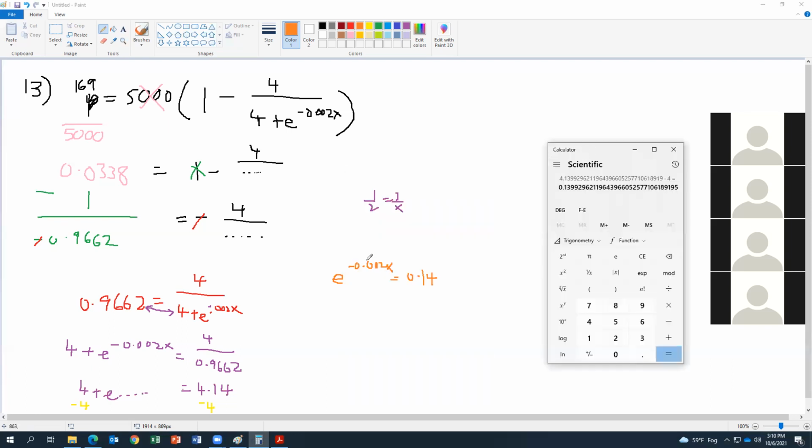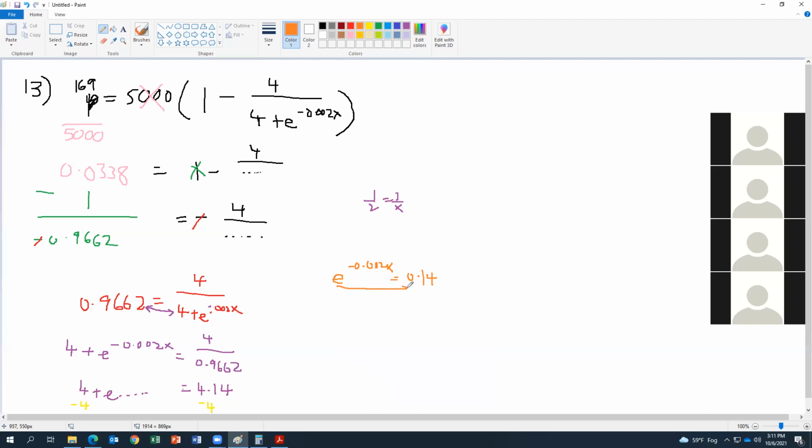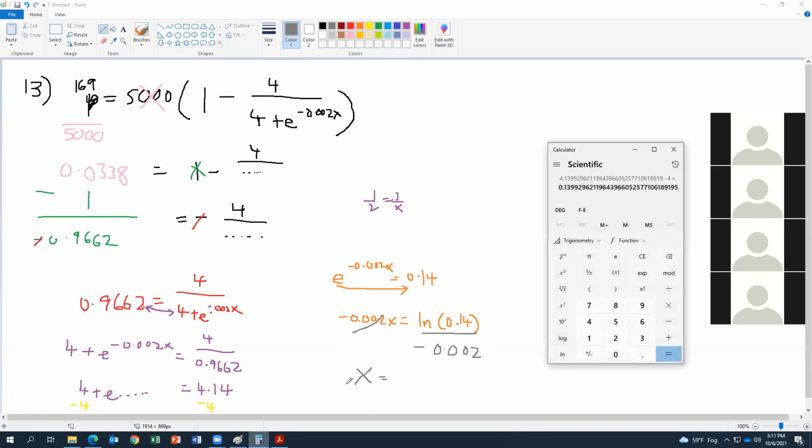And then I need to get rid of this e, so I move the e to the other side. Does anyone know what happens when I move the e to the other side? It becomes ln. The last thing we do is get x by itself: I divide both sides by negative 0.002. Whatever you put in your calculator will be your final answer.